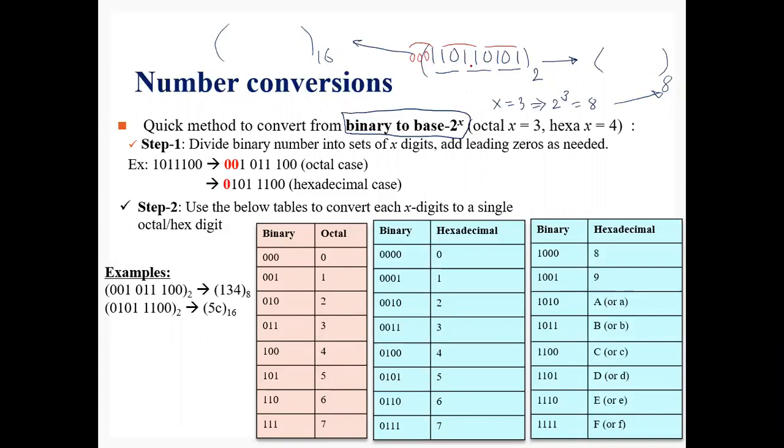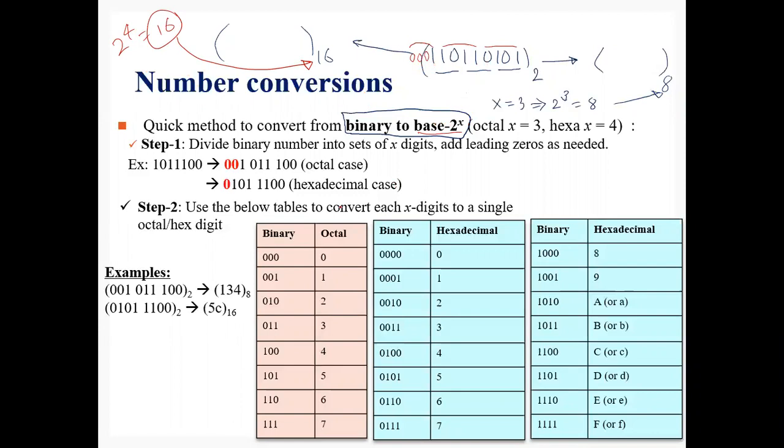Then, why do you choose the group of 4? Because according to this rule, what is 2 to the 4? x equals 4, right? So 2 to the 4 is 16. So that's the base 16. That's the general rule of converting binary to octal, hexa, and so on and so forth.